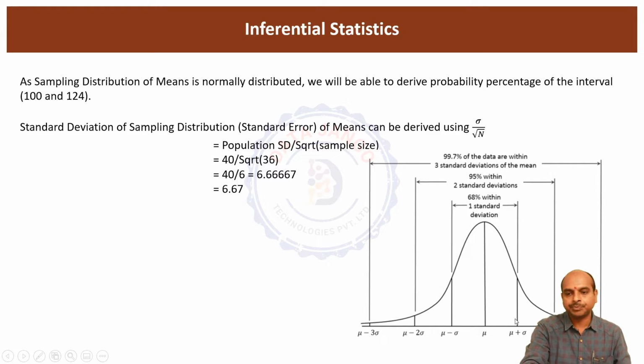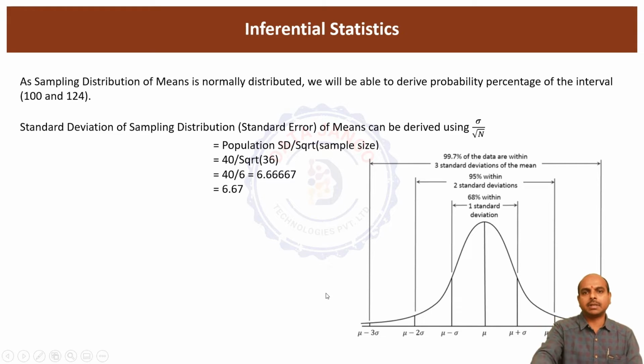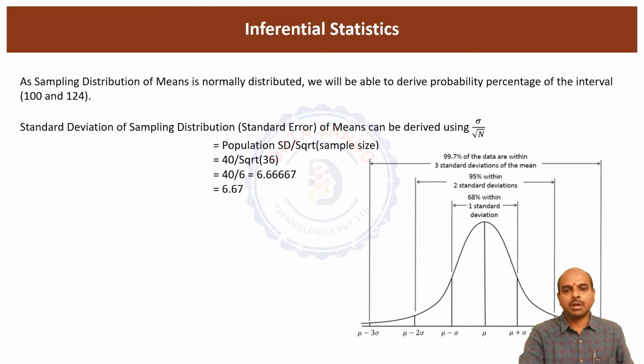When we know this, we know from the normal distribution concept that 68% of the data is going to be within one standard deviation away, and 95% of the data is going to be within two standard deviations away. Let us see on this particular example how many samples are going to be within 95%.